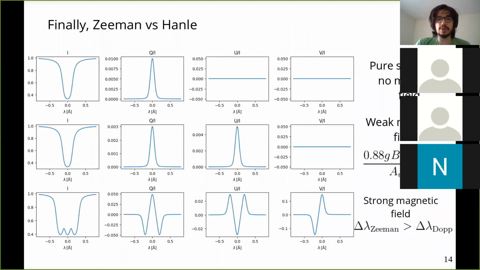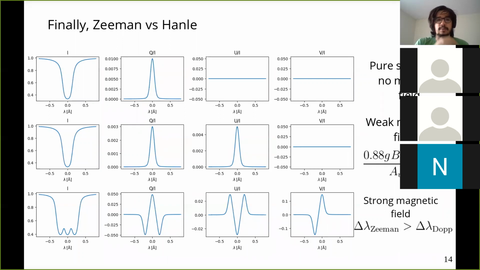And I have shown you this before, and now I hope that you can appreciate this a little bit more. These were basically 3 panels showing us the path from the completely scattering polarization case, which is the uppermost row, all the way down to the Zeeman effect regime. So when we have pure scattering and no magnetic field in the spectral lines, we have lines which are typically absorption lines in the atmosphere.